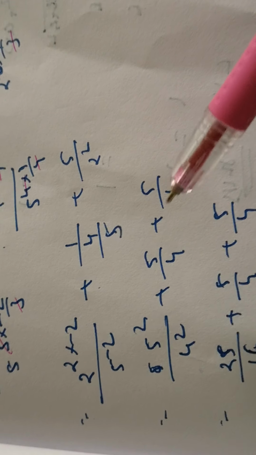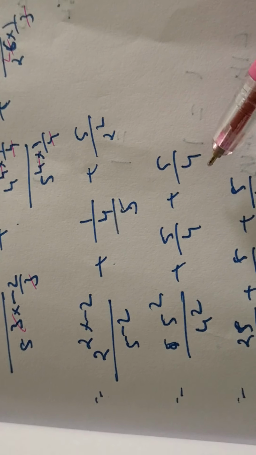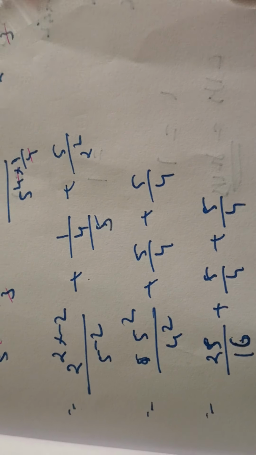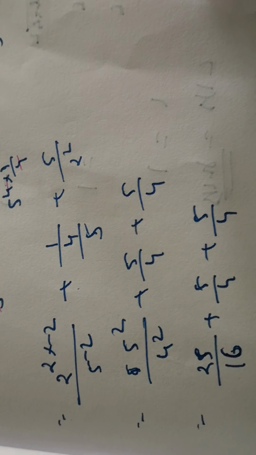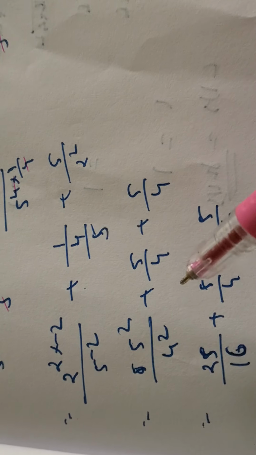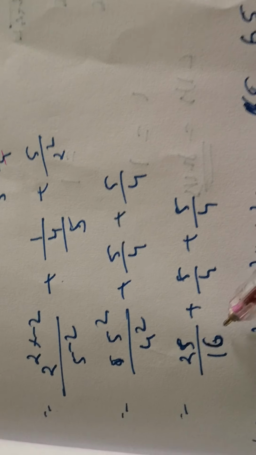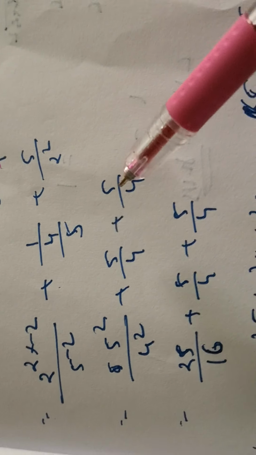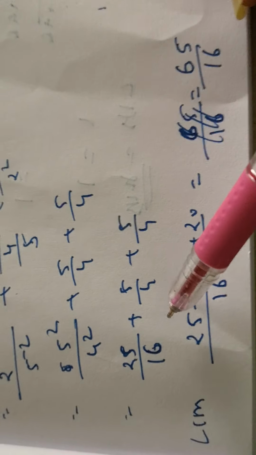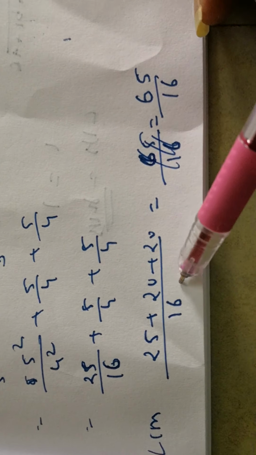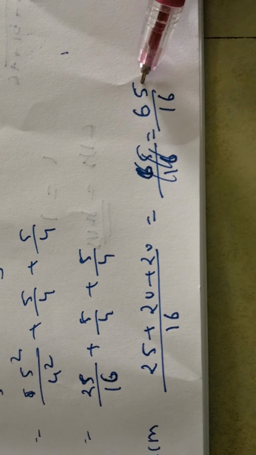So it is 5/4 plus 5/4. Now 5 square is 25 upon 16, plus 5/4, plus 5/4. Taking LCM, it will be 25 plus 20 upon 16. So the answer is 65 upon 16.